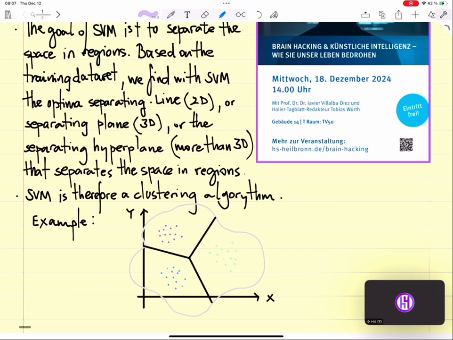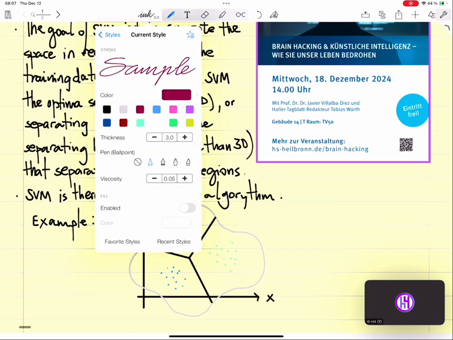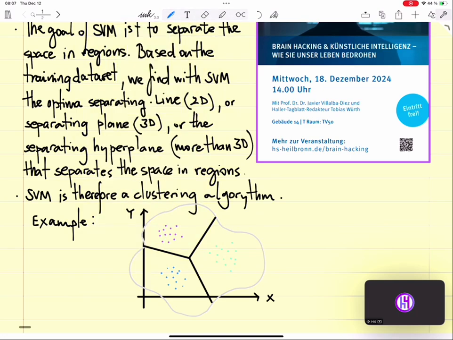Okay, so it gives you these lines, the equations of these lines, which would be something like y equals mx plus b. Okay, so all these equations, m_i, b_i, would then be given by the algorithm.